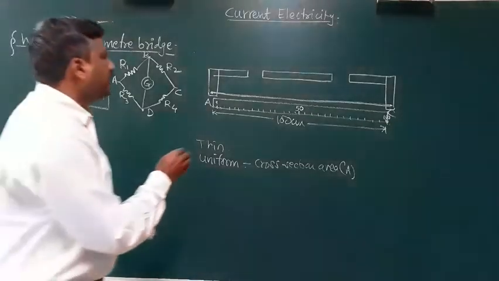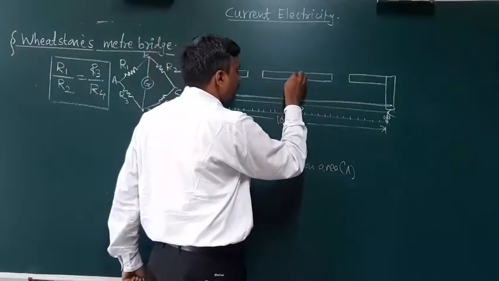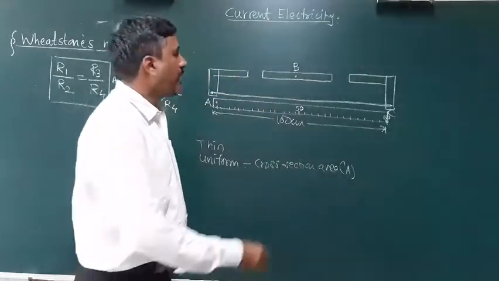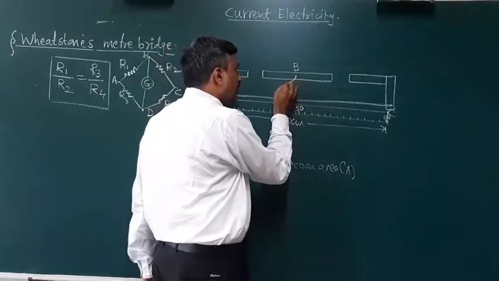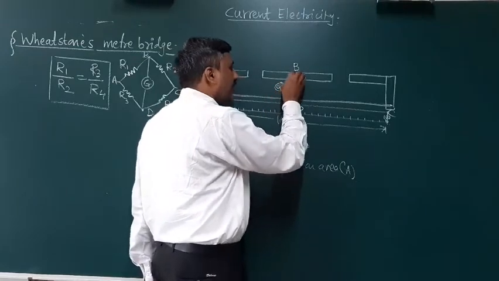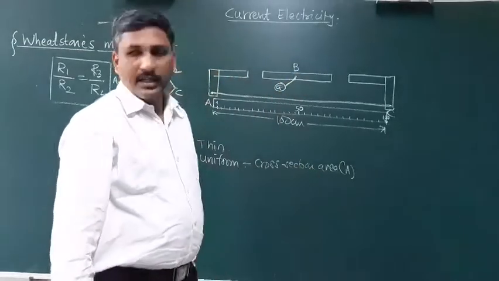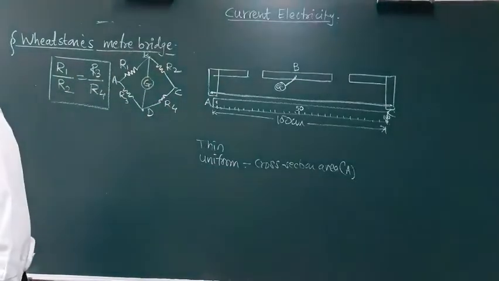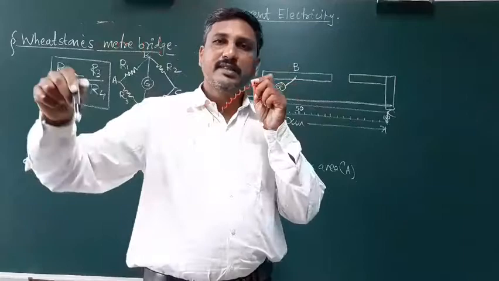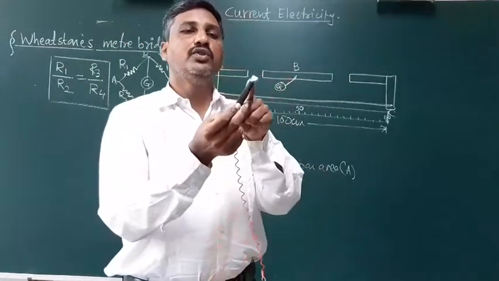Now this is my point B. One end of the galvanometer is connected to the point B, and the other end of the galvanometer is connected to a sliding key or jockey.